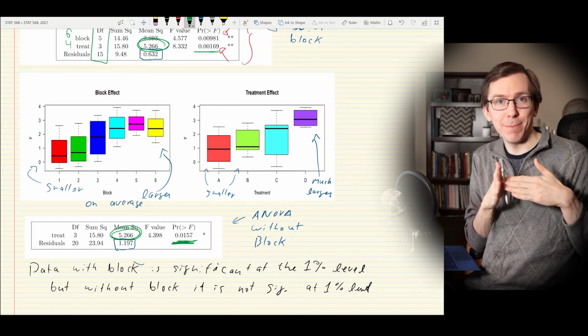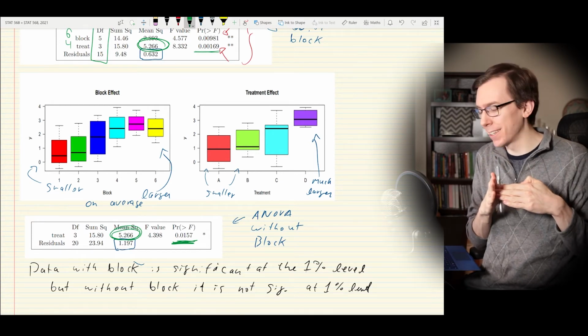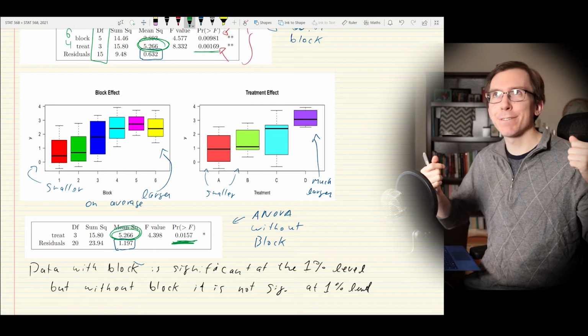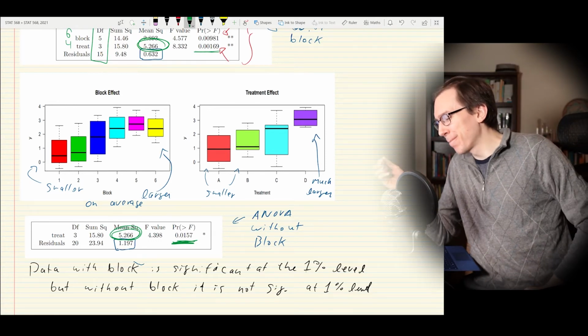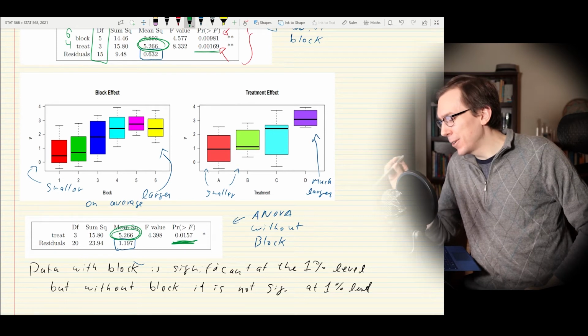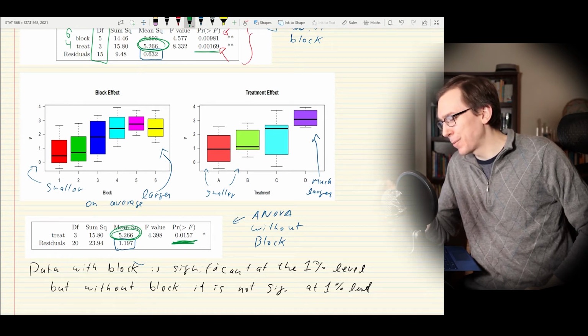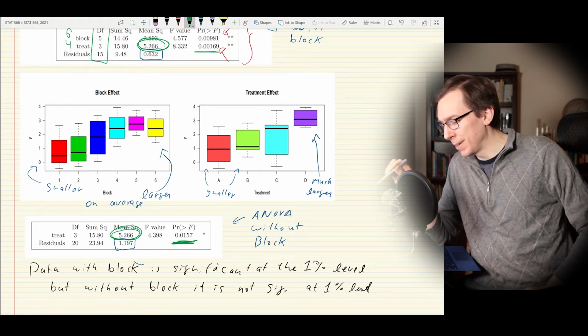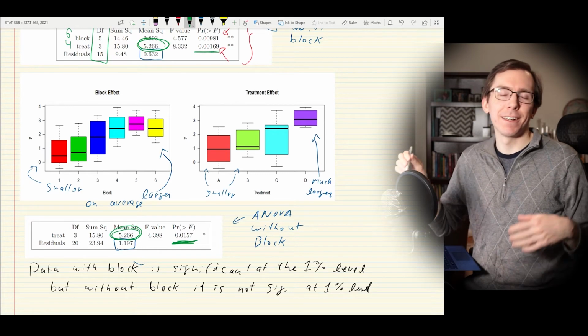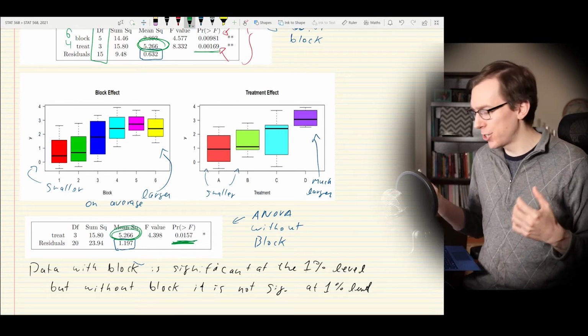The block and the treatment factor become orthogonal to each other, and thus they effectively don't affect each other. So when we include a block factor, it's taking away the sum of squares from the residuals, but it's not affecting the treatment sum of squares at all. So in our analysis here, the treatment sum of squares doesn't change.